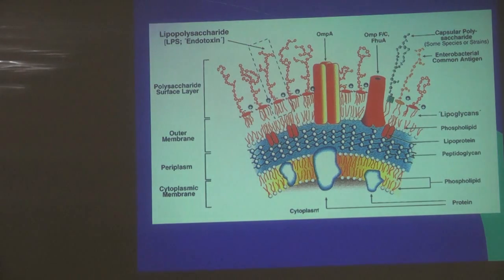For those who are not working much with LPS, I'll give some basic information on LPS, also called endotoxin. As you can see, LPS in gram-negative bacteria is located in the outer membrane of these cells.